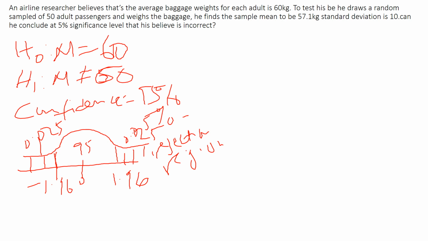Remember, for those who might not be knowing where we are getting 1.96 from, we can calculate the confidence level by taking the region on the left, that is the area under the curve.